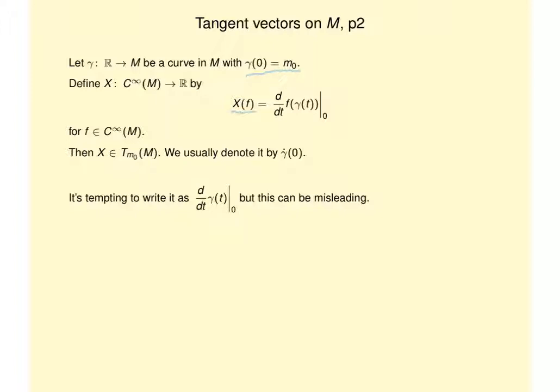And f composed with gamma is just a function from reals to reals, so that's just the ordinary derivative taken at 0. And it's a very quick check that it satisfies the three equations on the previous slide, and therefore that really does define a tangent vector.